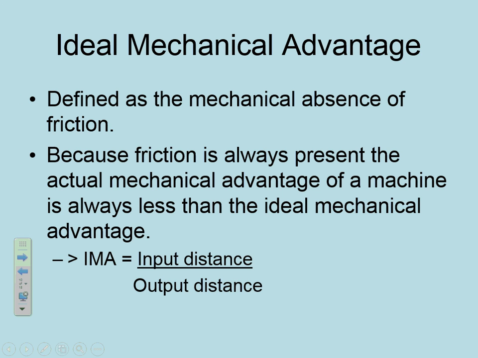Ideal mechanical advantage is IMA, and that's equal to input distance divided by output distance, or person divided by machine. So ideal mechanical advantage, input distance divided by output distance. Very critical, very crucial.